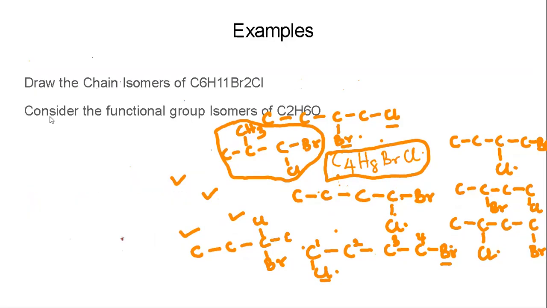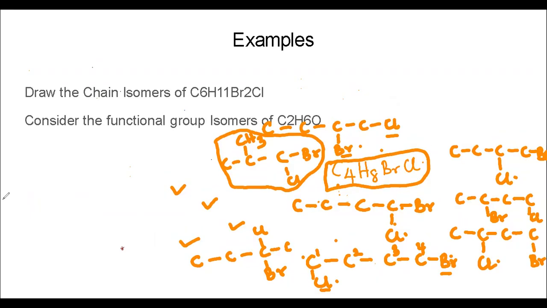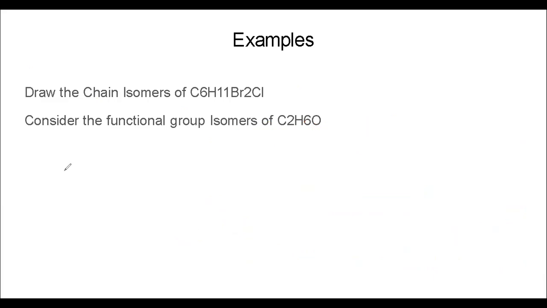So in this activity, you are expected to draw the chain isomers of C6H11Br2Cl. This is going to be a lot, okay? So I'm going to draw some of them. You're going to try to draw more yourself.